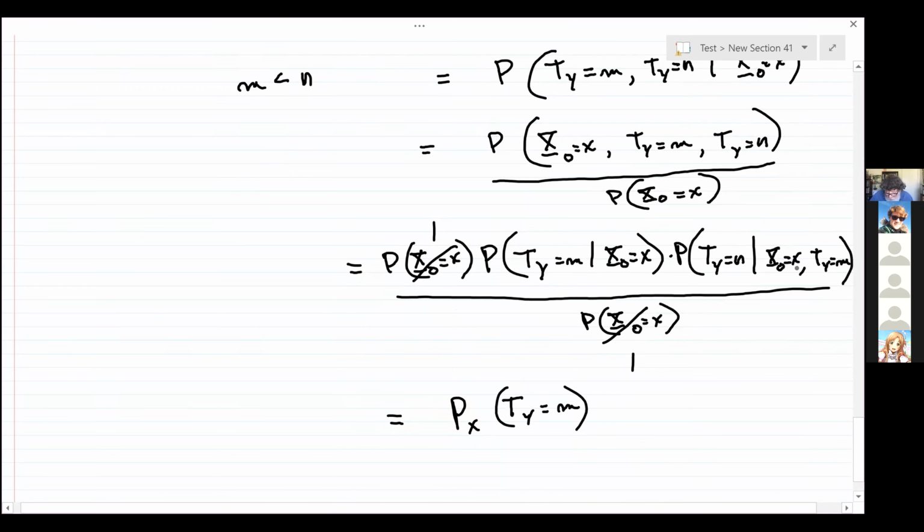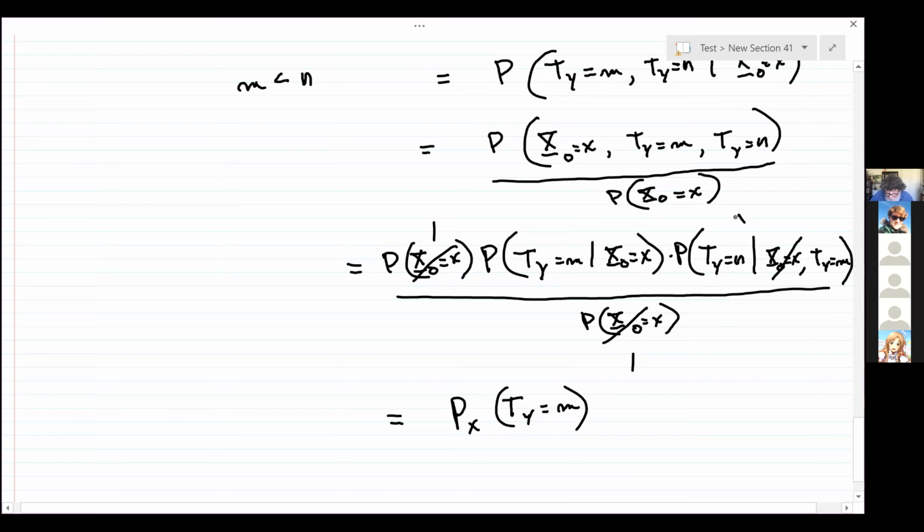You know where you were initially, you know where you were after n units of time, and you want to know being here n units of time later. But being a Markov chain, this doesn't matter. You can cross that off by the Markov property. And saying that you were first at Y in time n means what?